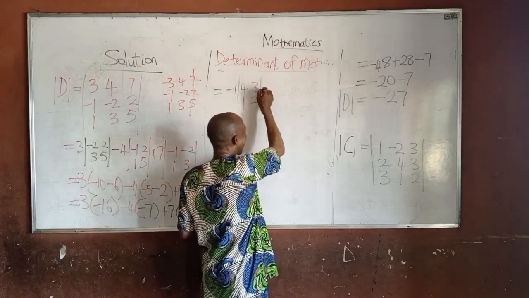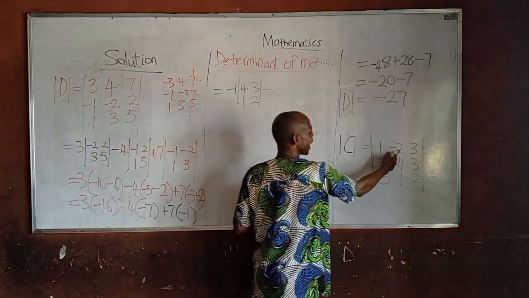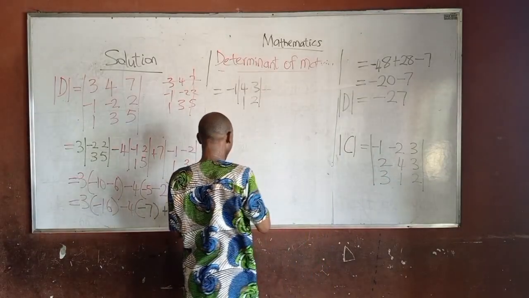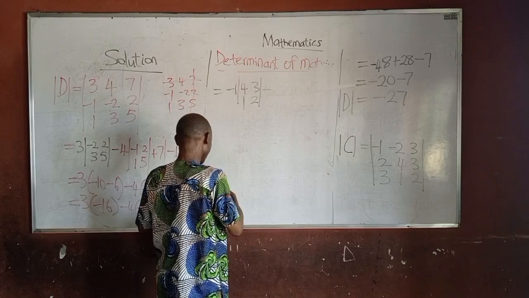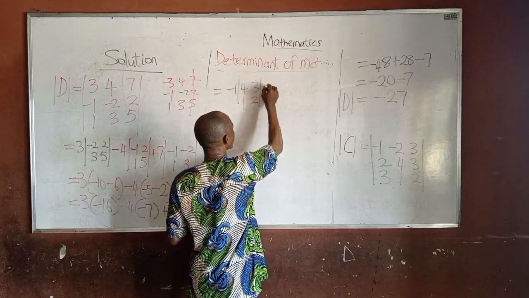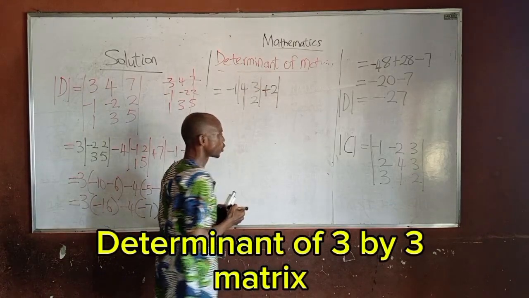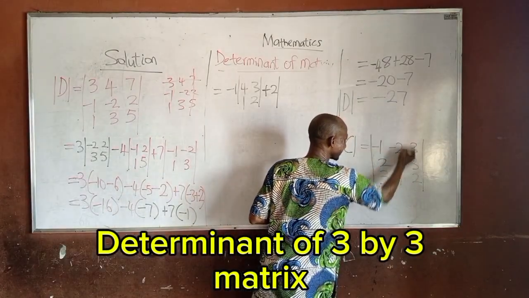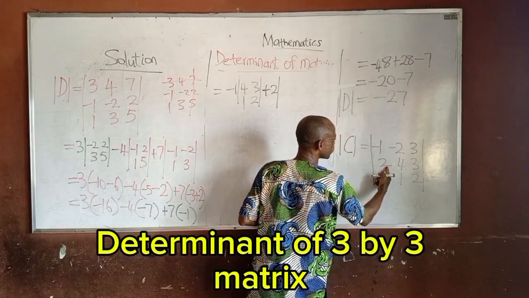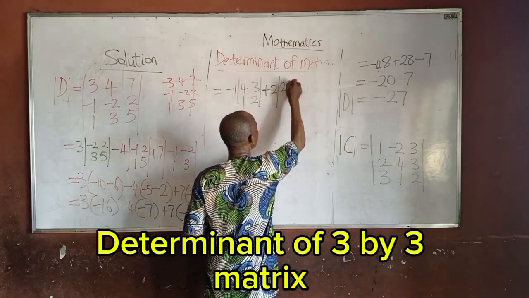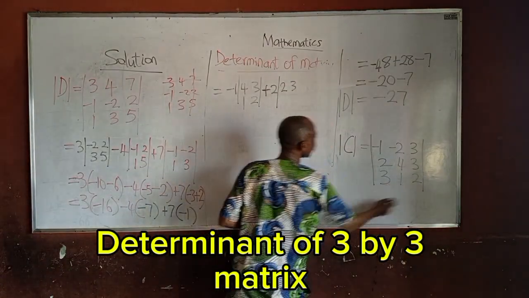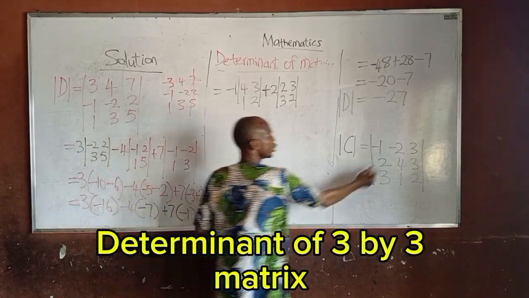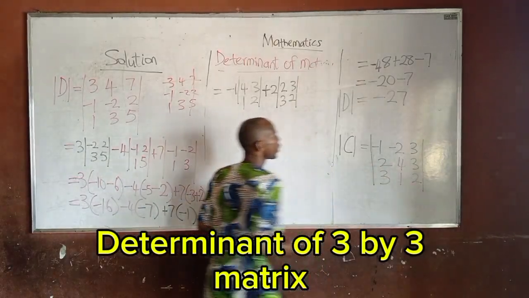Its negative sign will now multiply the negative sign of 2 here, which becomes plus 2. When we close the first row and the second column, we now have 2, 3, 3, 2.